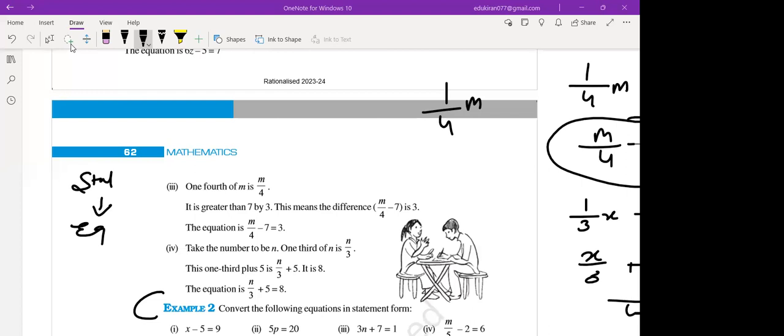Can you please repeat the question? I said 8x is equal to 25, so we can write 8x is more than 25.